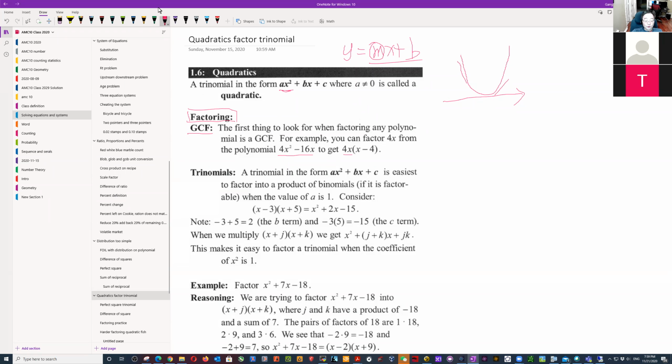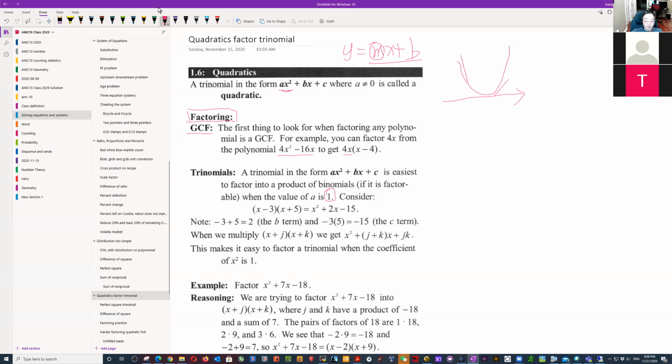Then also a special case: if the coefficient of the quadratic term is 1, it's easier to factor. It's called monic. When the first term's coefficient is 1, it's called monic. So this one is a monic quadratic polynomial, then you are able to factor it into this format.